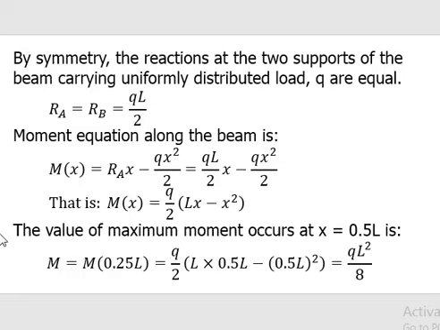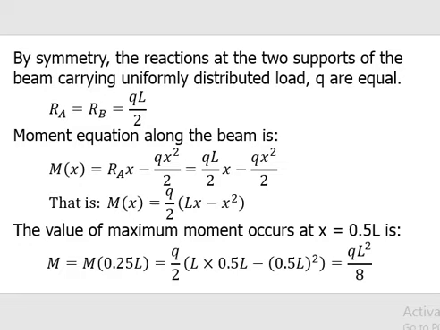By symmetry, the reactions at the two supports of the beam carrying uniform load q are equal. That is, at support A and support B, the reactions are qL over 2. The moment equation along the beam, Mx, is given as RA x minus qx squared over 2. That is qL over 2 times x minus qx squared over 2.